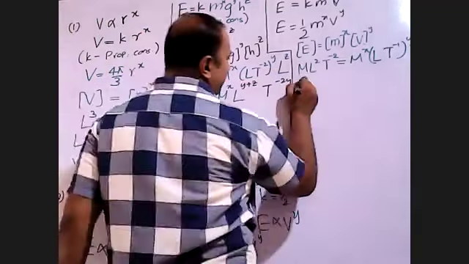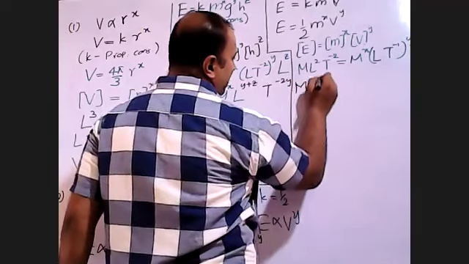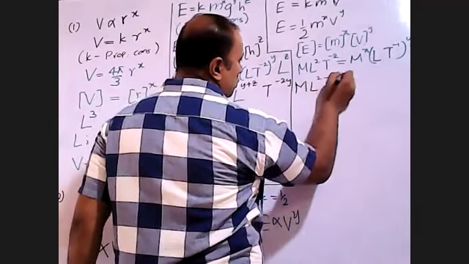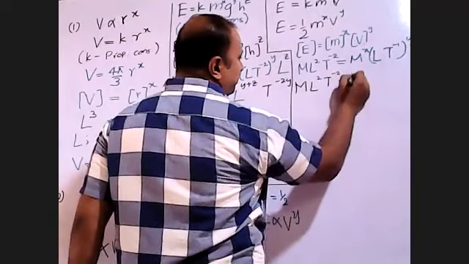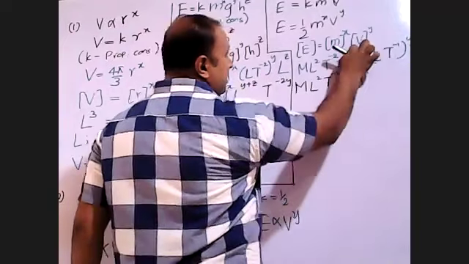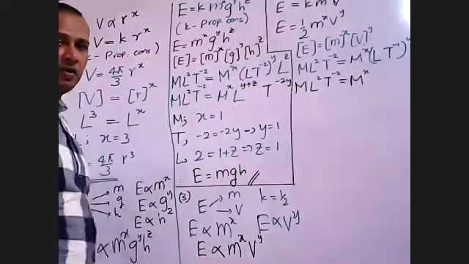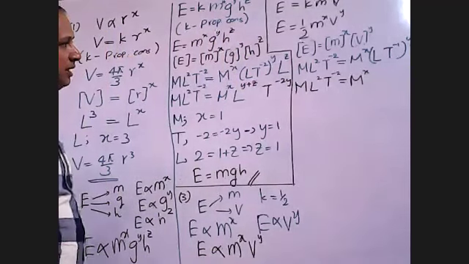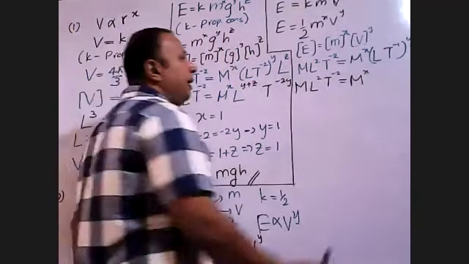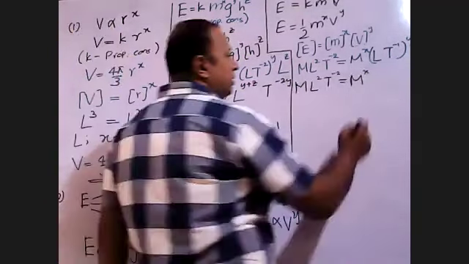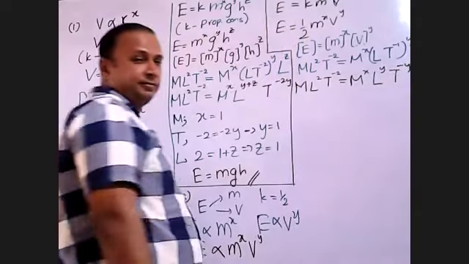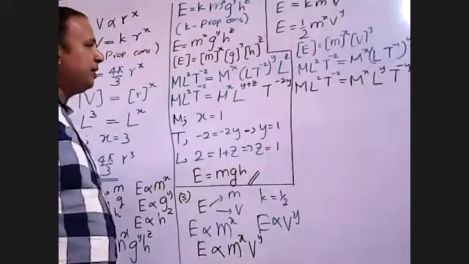So then m l squared t minus 2 equals m to the power x. This is a velocity, that's why the dimension is l t minus 1, l to the power y, t to the power minus y.